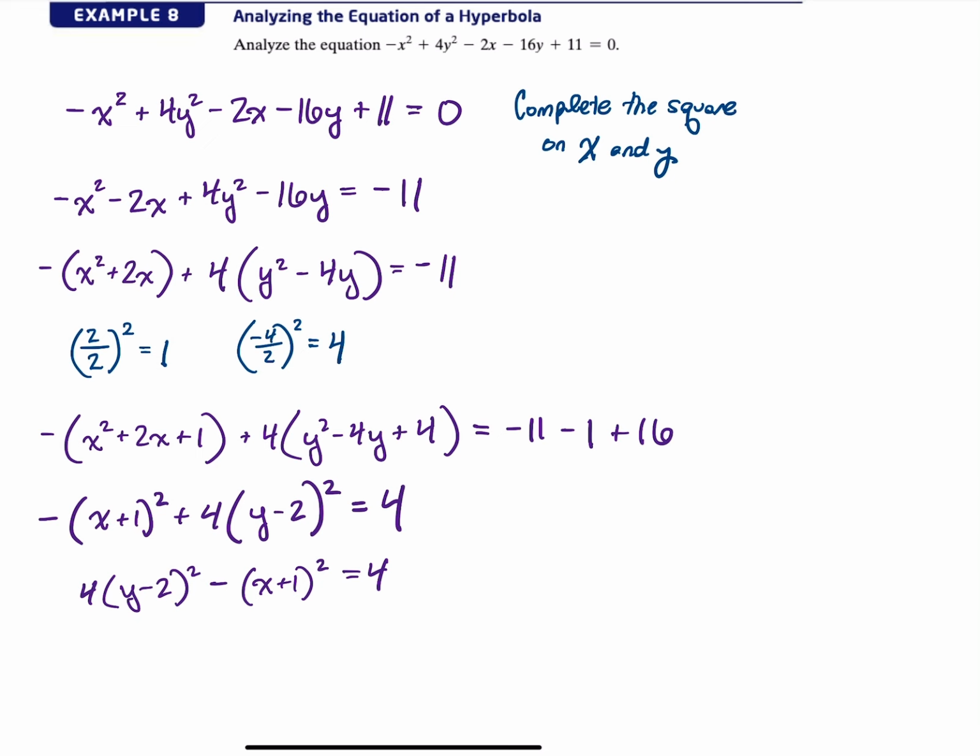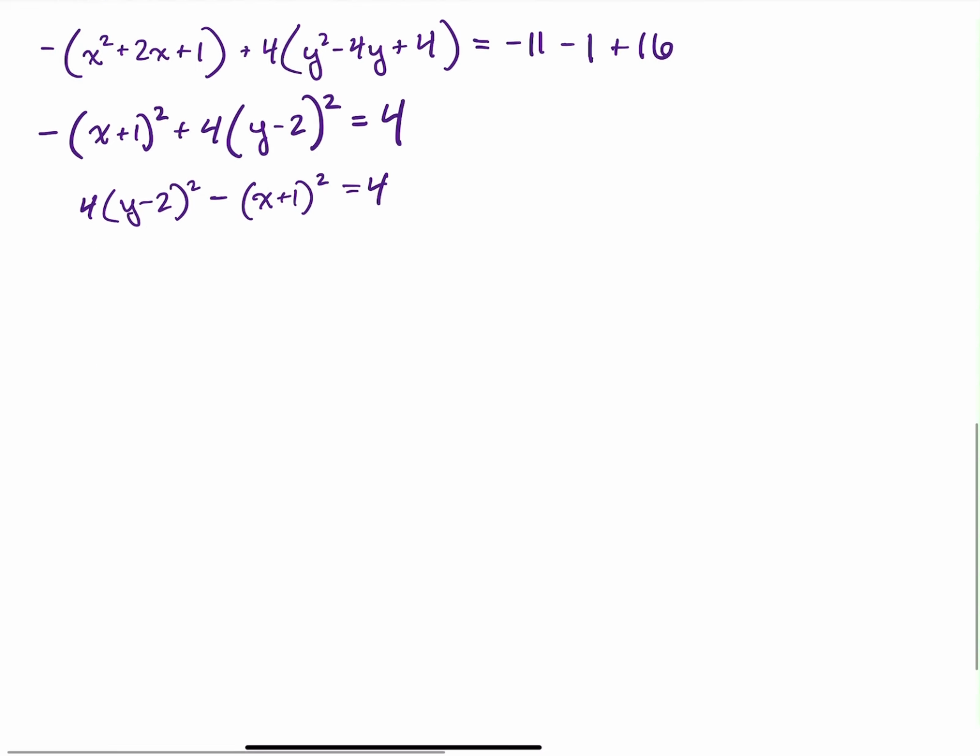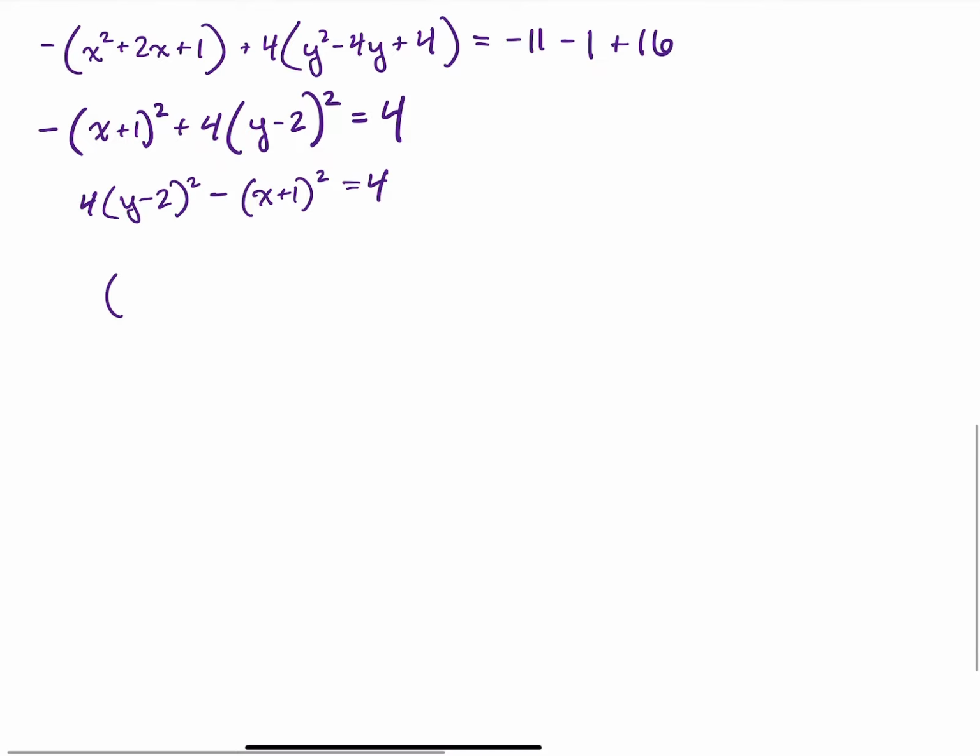And then let's divide everything by 4, and that will give us our equation. So we'll have y minus 2 squared. We're dividing by 4, so it's going to cancel that 4 in front. So I'll just write it as being over 1 minus x plus 1 squared. This will be over 4 now, equals positive 1.